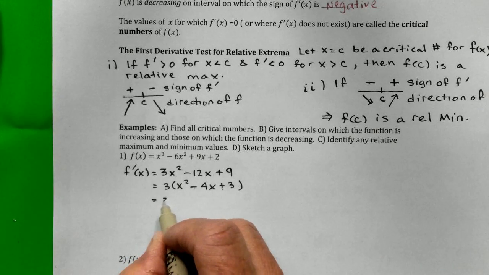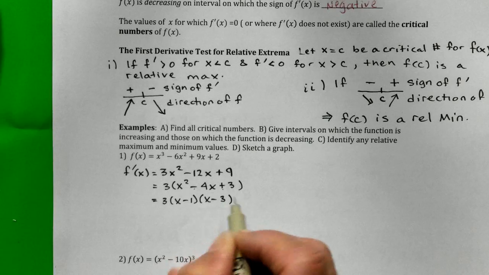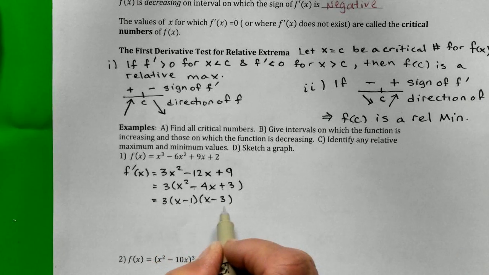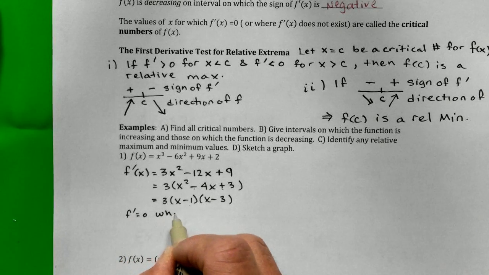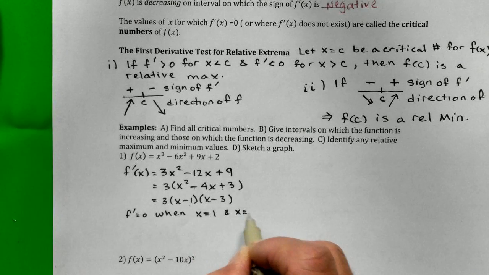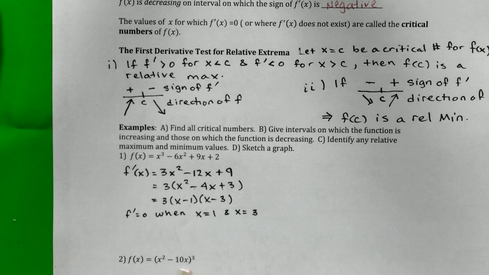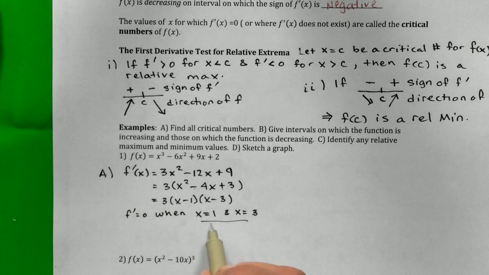And that tells me I needed an x minus 1 and an x minus 3 here. So my derivative is 0 when either factor is 0. So that gives me x is 1 and x is 3. So that's part A. Those two guys are the critical numbers.